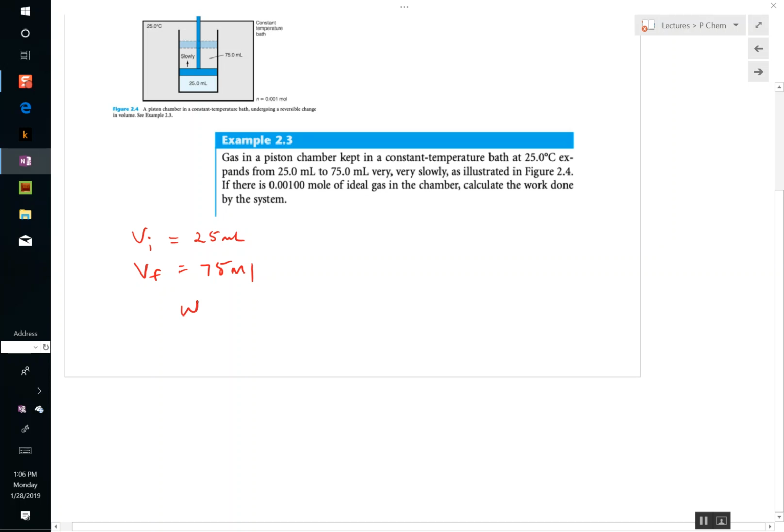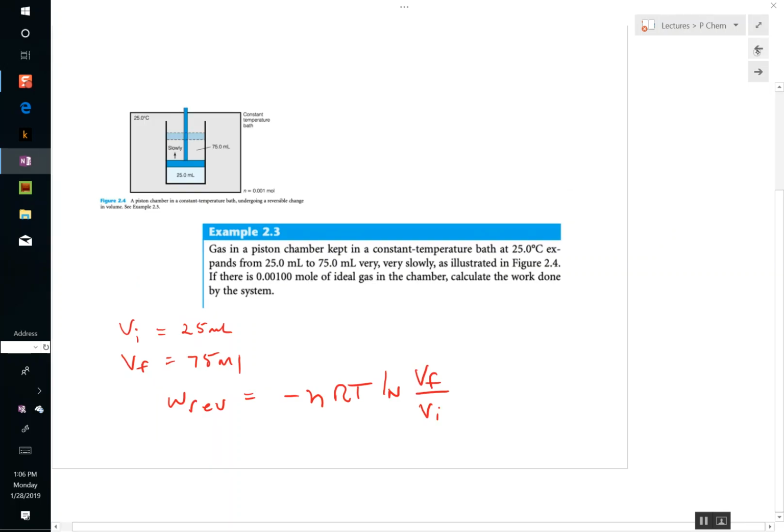So reversible work is negative nRT times the log of V final divided by V initial. And you can use 8.314 joules here.